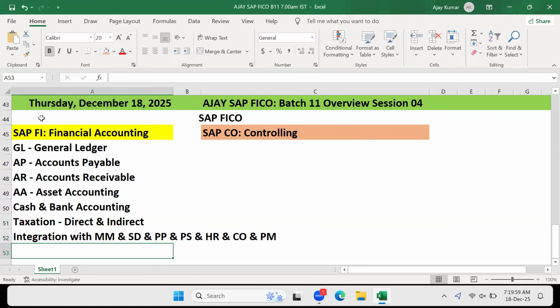Meaning there are different modules within SAP. If any module is triggering an accounting entry into SAP FI, then you will be representing this as an integration.